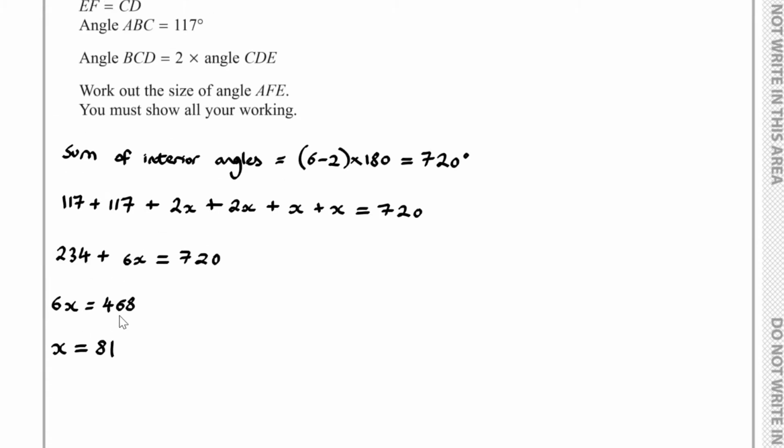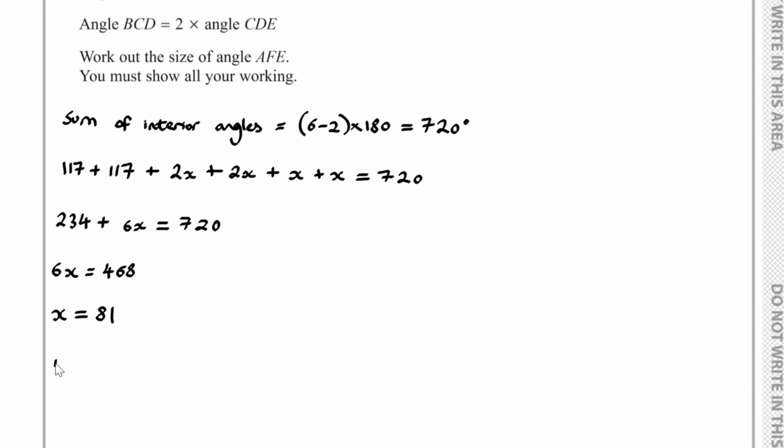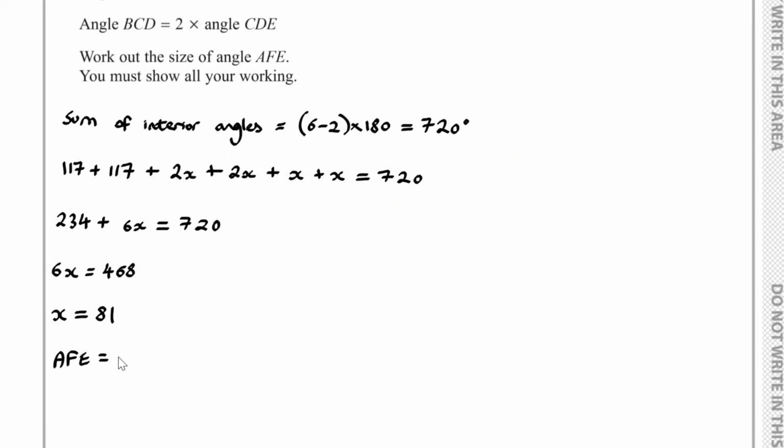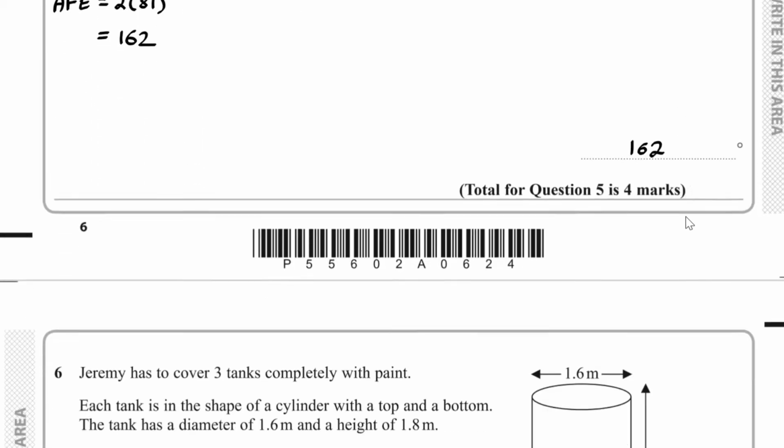So x is equal to 81, and therefore the angle AFE, that's equal to 2x, as we said over here. So we have over here 2 lots of 81, which turns out to be 162. So AFE, that's 162 degrees.